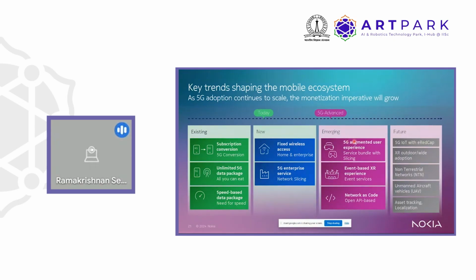5G Advanced would be able to give you more emerging use cases wherein you would have XR-based experiences, but these would still be slightly outdoor event-based services. And then you would also have certain bundling for home entertainment using slicing. Subsequently, going forward, you would also see non-terrestrial network maturity, but we still look at that coming up slightly late in India.